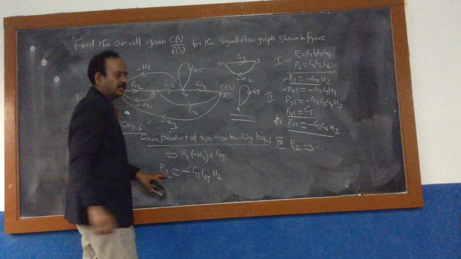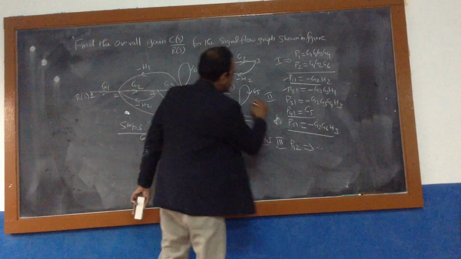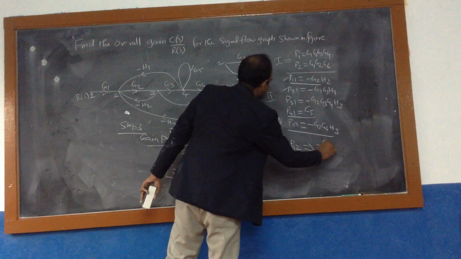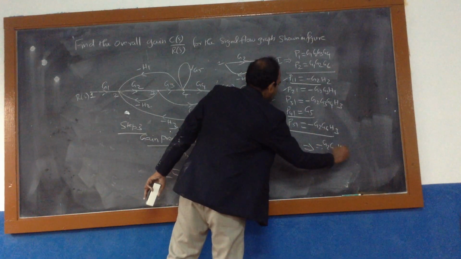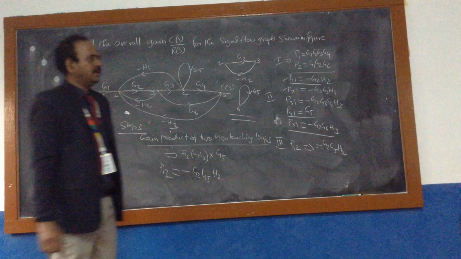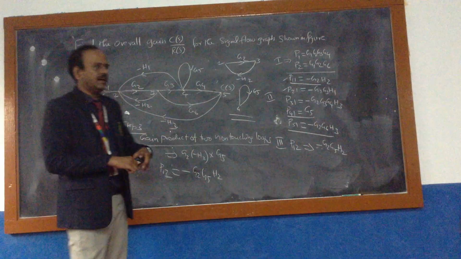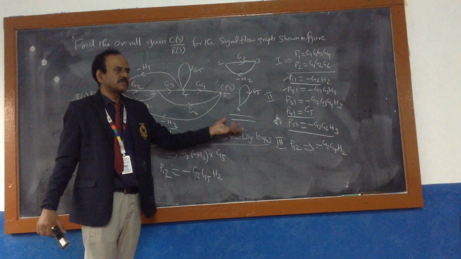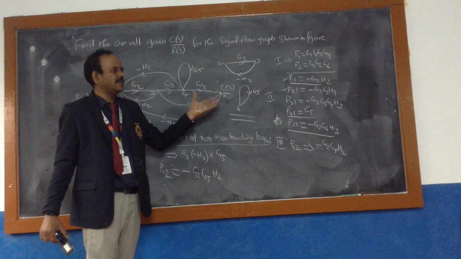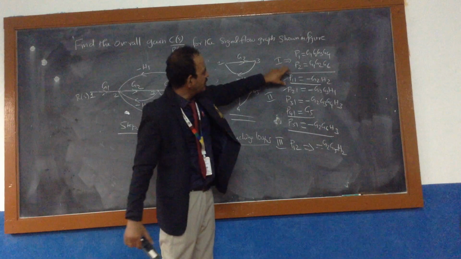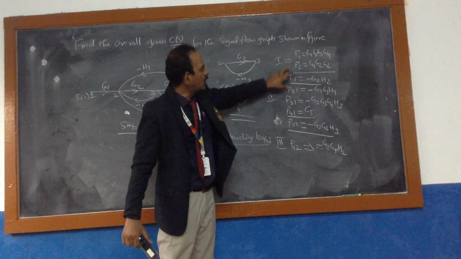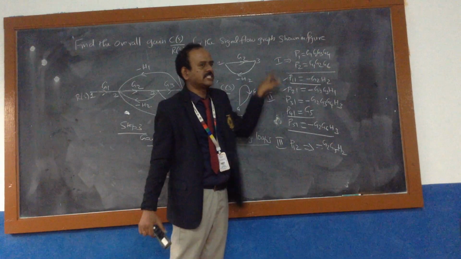The 2 represents the two non-touching loops. So what is the answer? Minus G2, G5 and H2. Similarly, in the Mason gain formula, there can be three non-touching loops. We check whether three loops from the individual loops can be non-touching to each other.